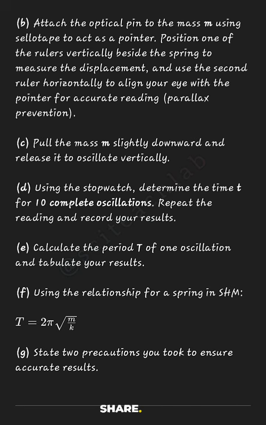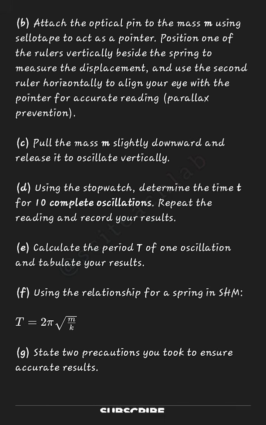Now at this point, WAEC may give you a dimension, a distance, how much displacement you should take. You're going to see that when I put up the practical. So you pull the mass M slightly downward. They will give you maybe 5 cm from the rest position, and release it to oscillate vertically.